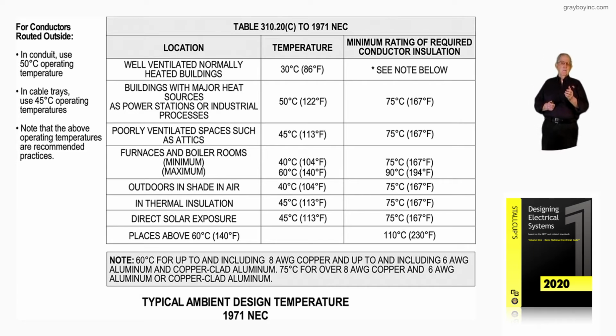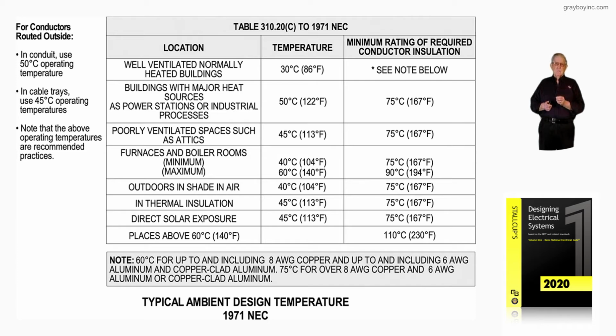And some were even running to a pull box that was beside the octagon box for a fixture and splicing to number 12 there. And it just got so far out of hand that when we published the 75 code with all of its revisions, with industrial sites for the first time identified as with articles in the 75 NEC, we deleted this table because of the problems that it was causing.